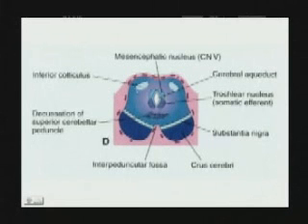Here's the inferior colliculi, one on each side. Those connect to the medial geniculate nucleus of the thalamus and are responsible for auditory reflexes and hearing.